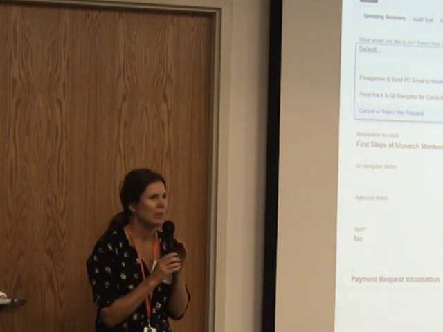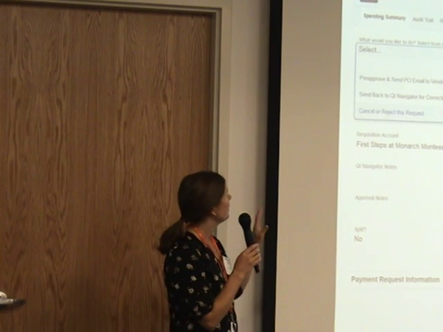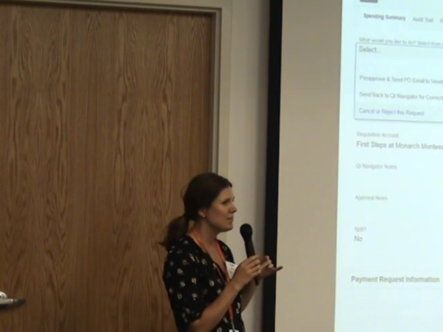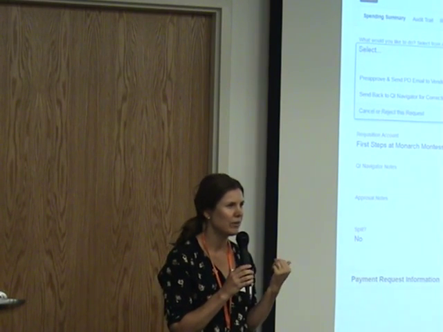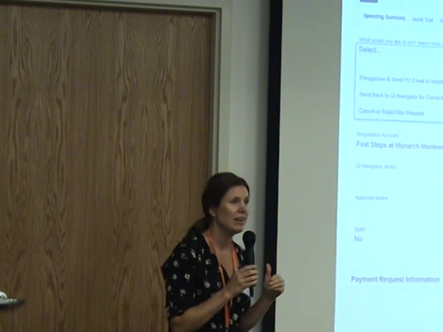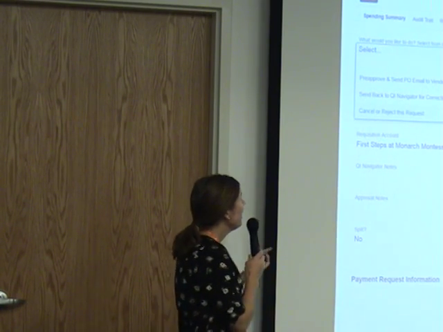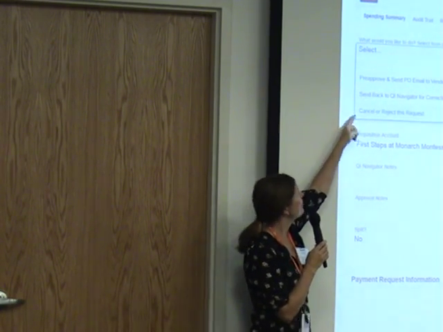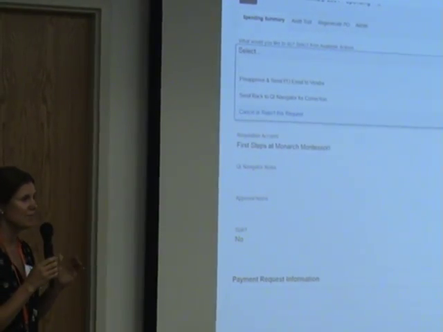So I wanted to show you what my screen looks like in my role in Sugar. When this record comes to me, I would get an email alert. I can also locate this record through the list view of spending or a spending report in Sugar. And you'll see that I have some different options in the drop-down than Elena had in her role.